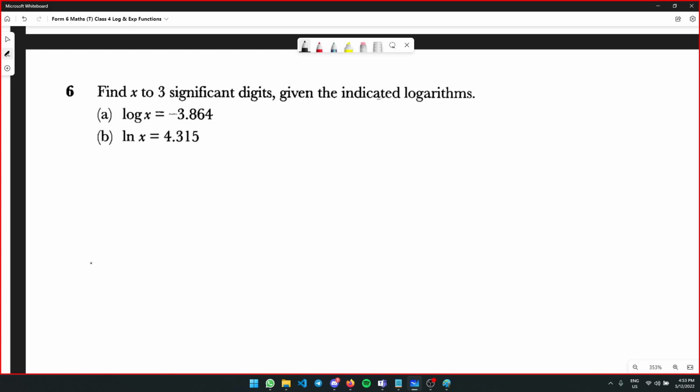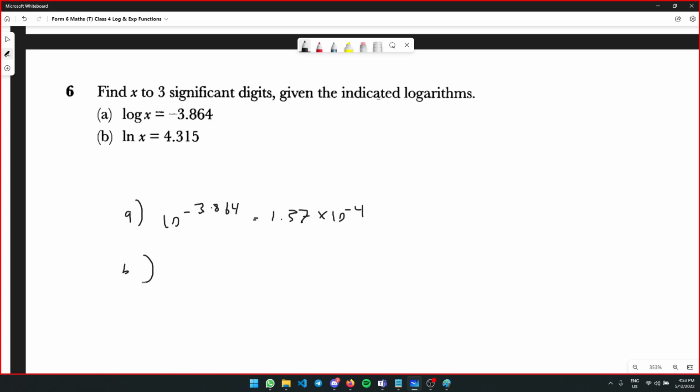So this is just 10 to the power of negative 3.864. You can just directly put this in your calculator. I think you'll get 1.37 times 10 to the power of negative 4.